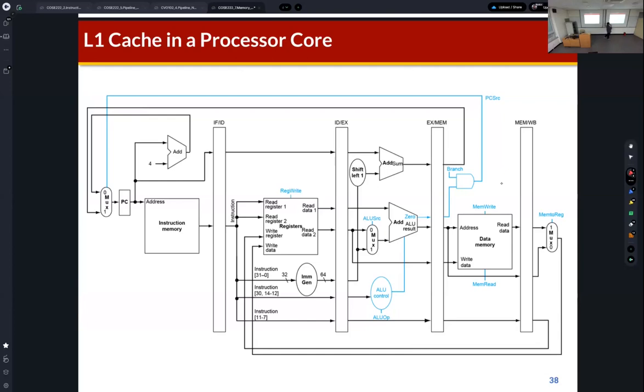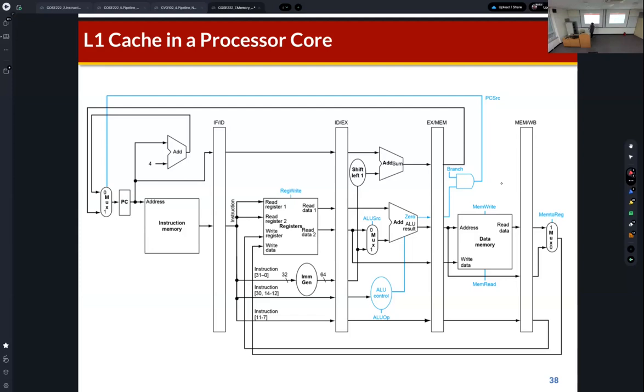Then, when we learned about the processor architecture, we learned that there are memories in the processor, actually two memories: the instruction memory and the data memory. Why are these memories in the processor?